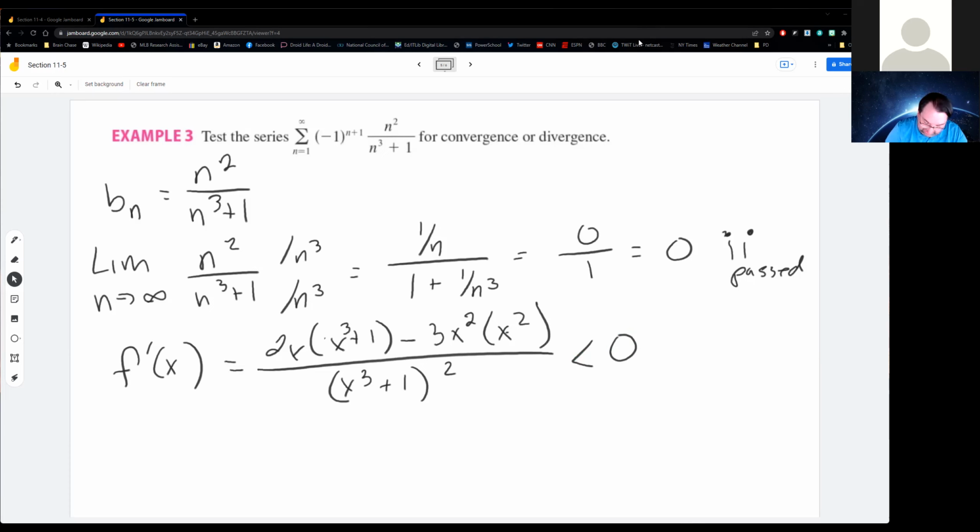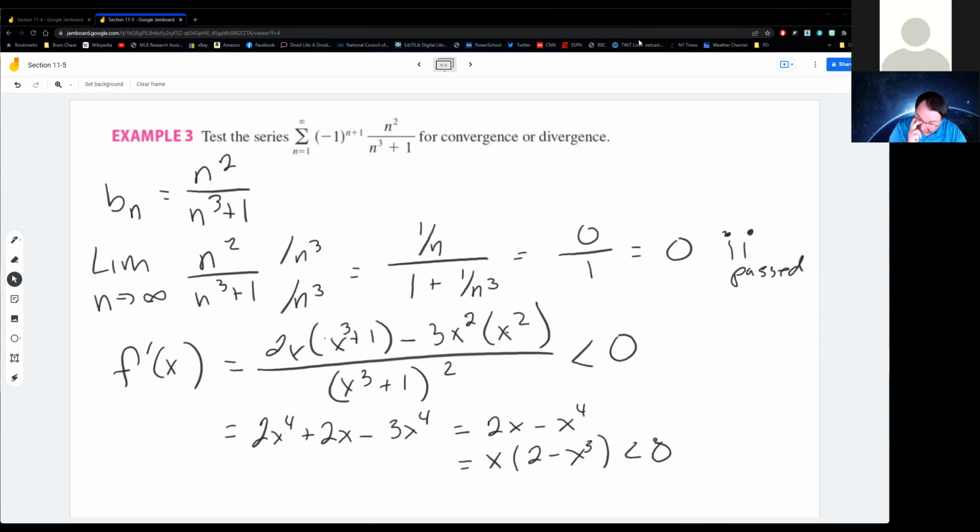So if I do 2x to the fourth plus 2x minus 3x to the fourth, we can simplify that down to 2x minus x to the fourth. Factor out the x, and the 2x minus 2x to the third. That has to be less than 0.